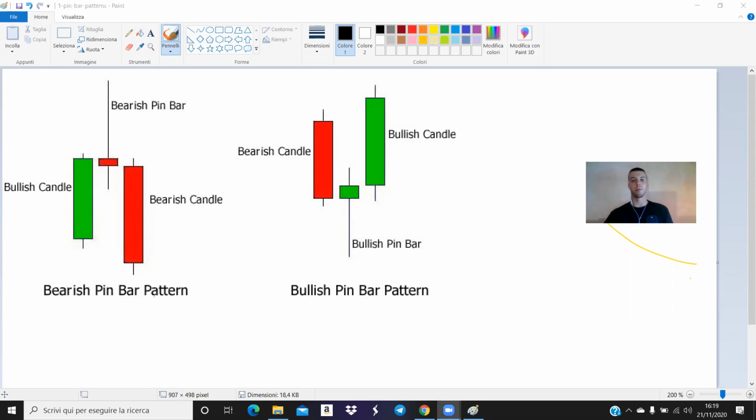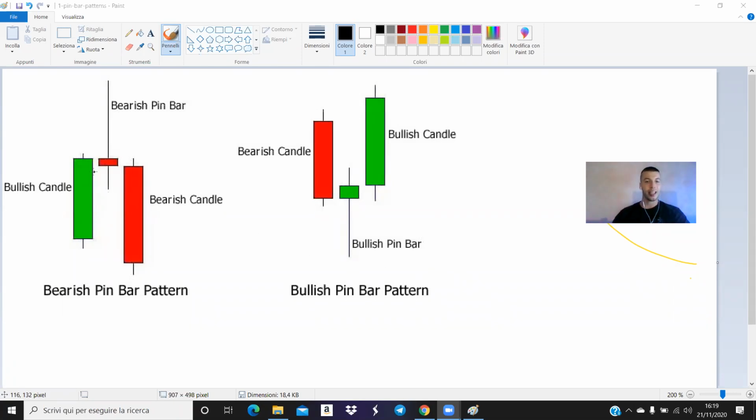Okay, perfect. So, as I was saying, some of them are really important, depending on which way you want to trade. In this case, my favorite candlestick pattern is the pin bar. The pin bar is very nice because it shows a clear rejection of an area.